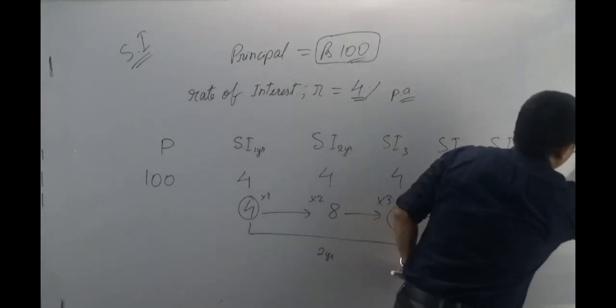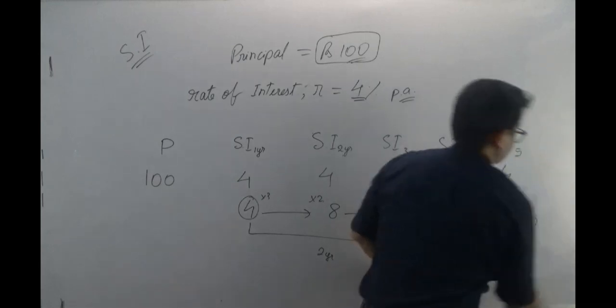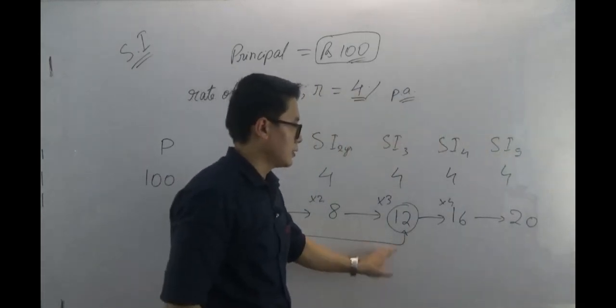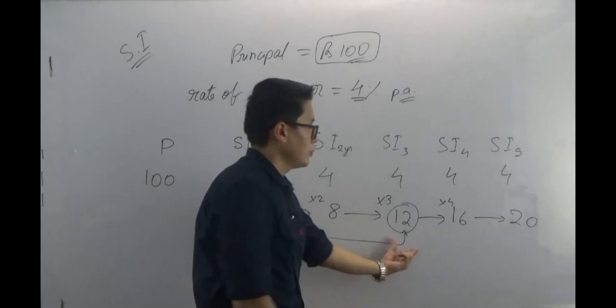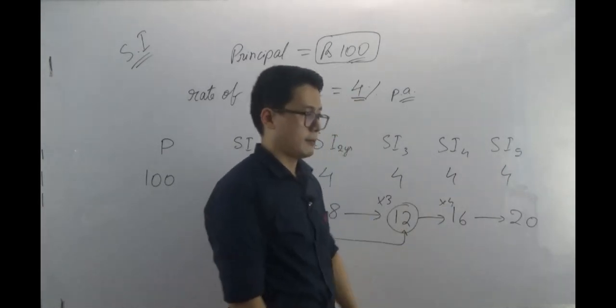When you want the total interest to be 36, it is 12 into 3, so 36.